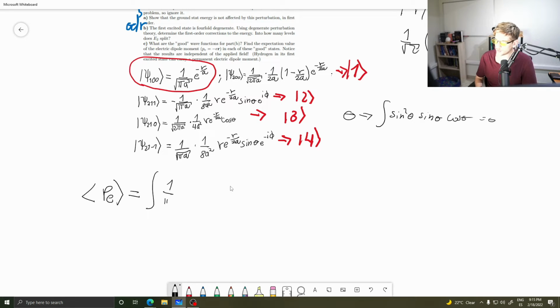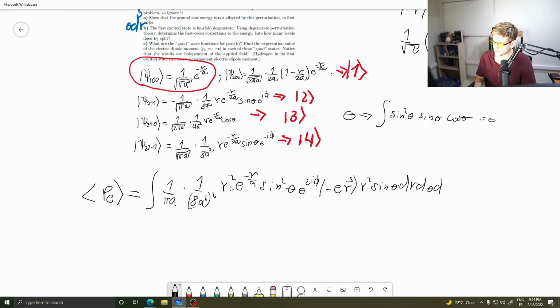So we get 1 over pi a times 1 over 8a squared r squared e to the minus r over a sine squared of theta, now e to the 2i phi. Let's not forget to put in the minus e r vector, and of course r squared sine of theta dr d theta d phi.